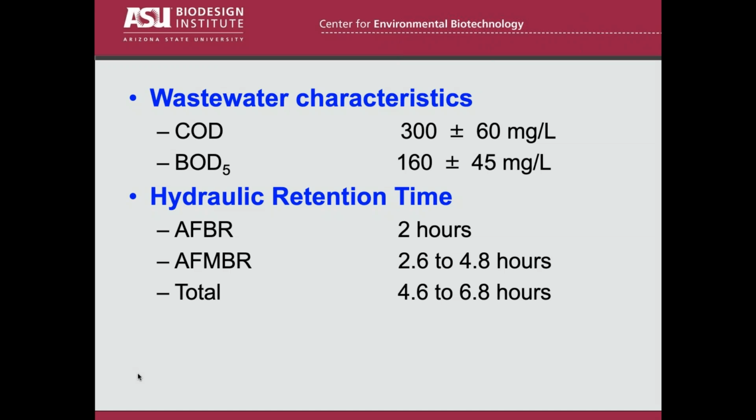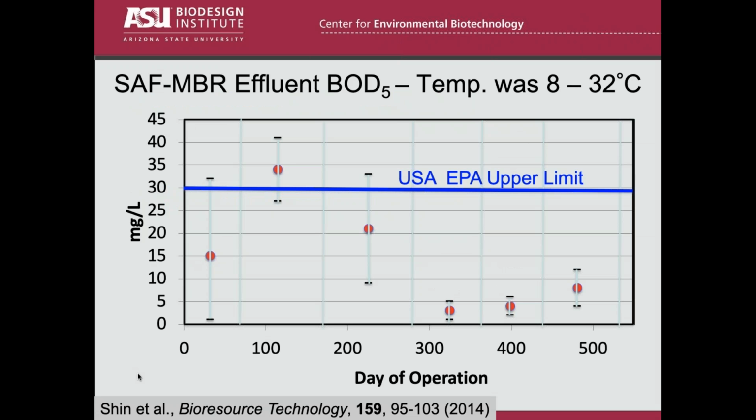So they tested this again with the real wastewater over more than a year, almost 2 years of testing. And here are some of the results. I'm giving the BOD5 results here over almost 2 years of testing. So they went through summer, they went through winter, they went back through summer and winter. And so, you know, they got all the vicissitudes that occur when you are doing the real stuff.